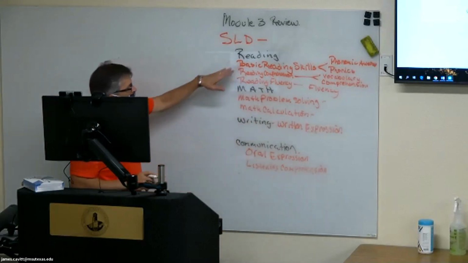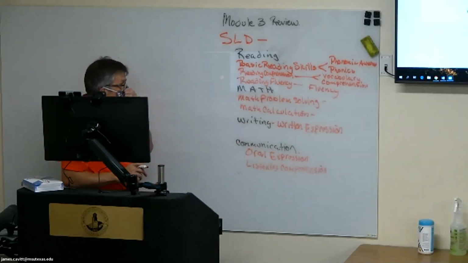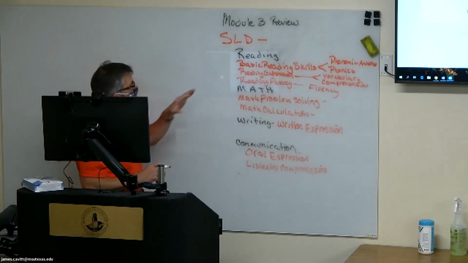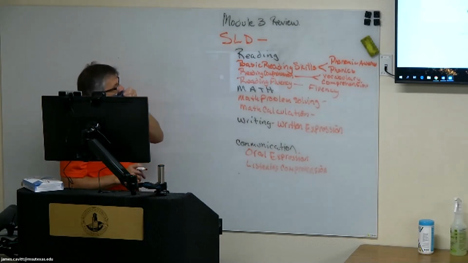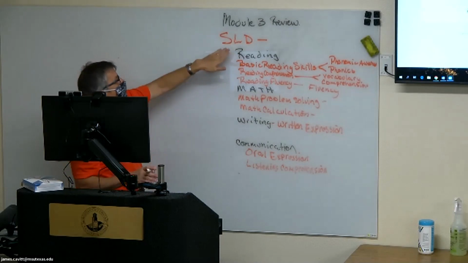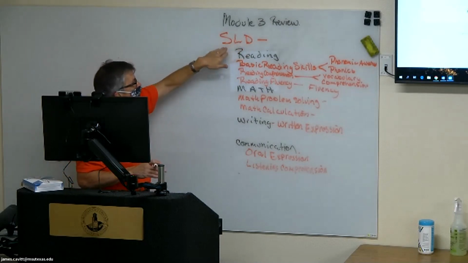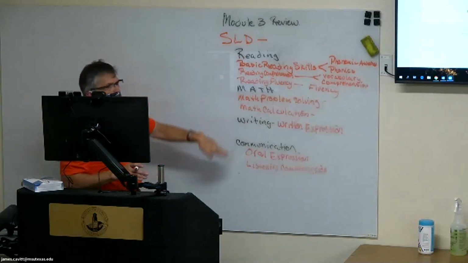So those are the 8 areas of specific learning disabilities. Remember, SLD, specific learning disability, these are the 8 areas.